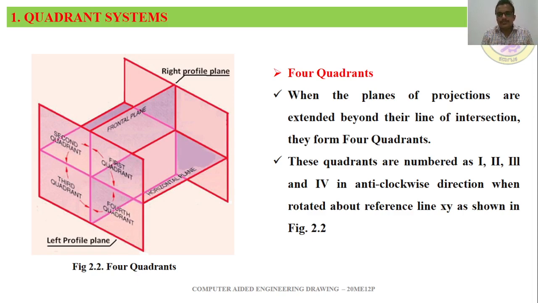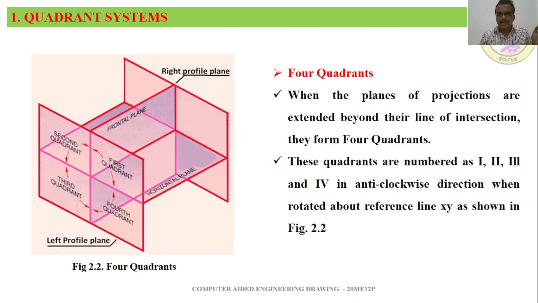Before jumping into the definition, let us observe the image, that is figure 2.2. You can see the four quadrants. In this figure it is very clearly noted that we have the frontal plane and the horizontal plane, and there are four quadrants: first quadrant, second quadrant, third quadrant and fourth quadrant.